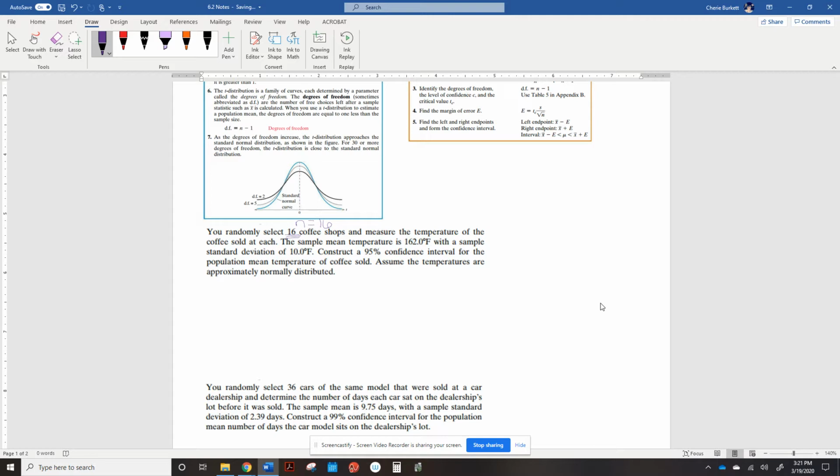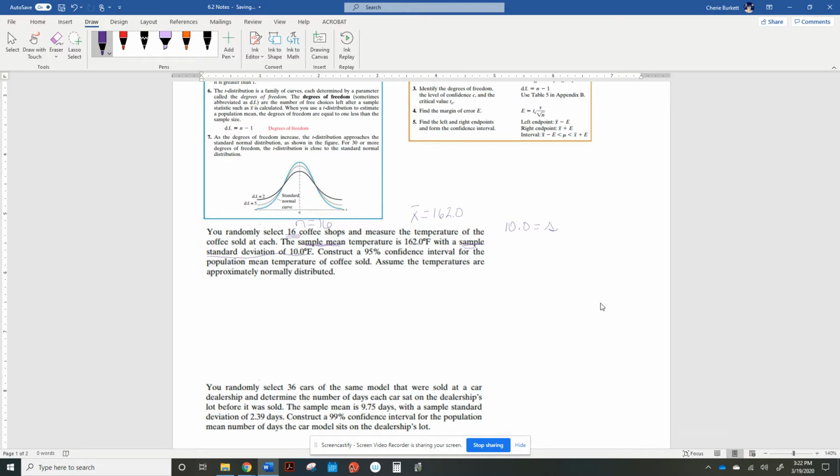It very plainly says the sample mean, so that's X bar, is 162.0. With a sample standard deviation of 10.0. That is your S. That's your sample standard deviation.